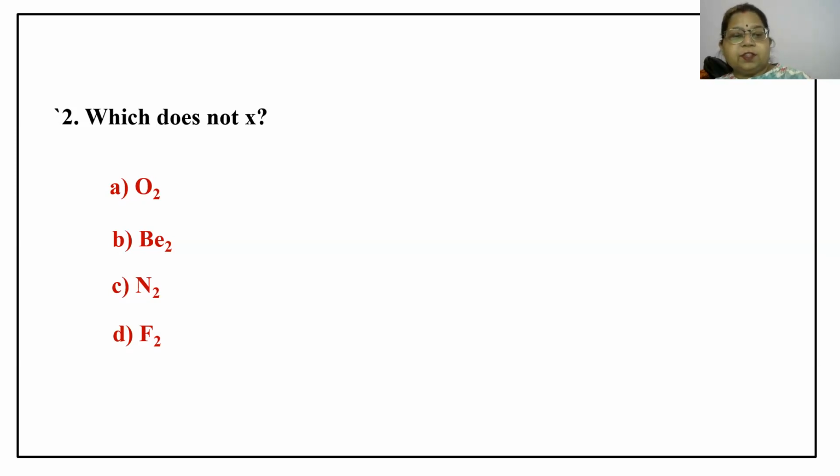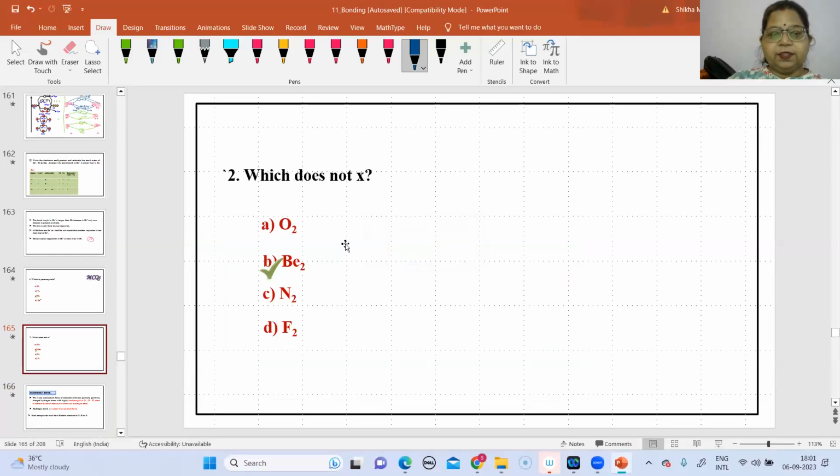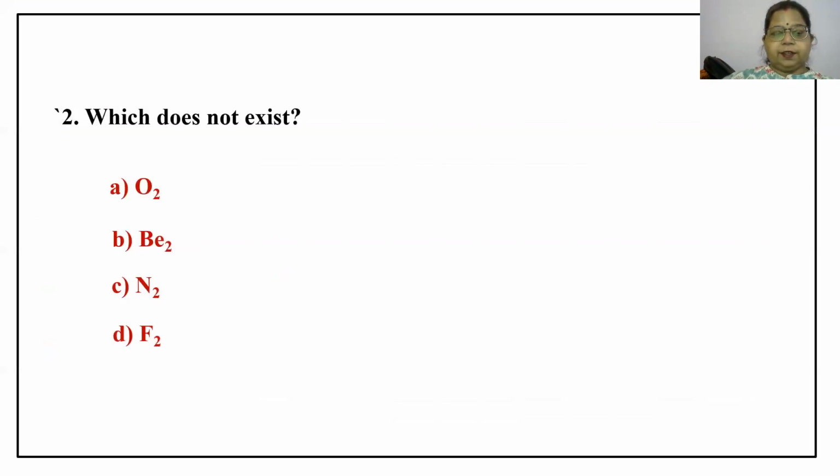So which of these does not exist? This should be pretty easy for you to do. We know O2 exists. Instead of solving it, you know O2, F2, N2, so what is left?